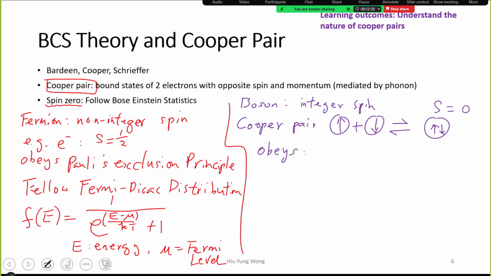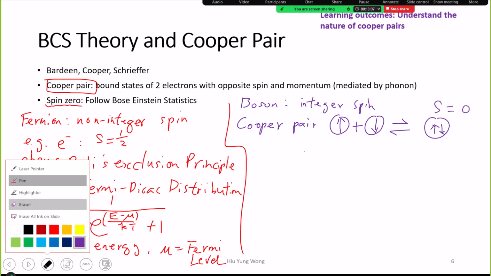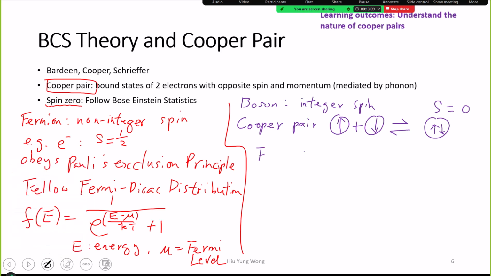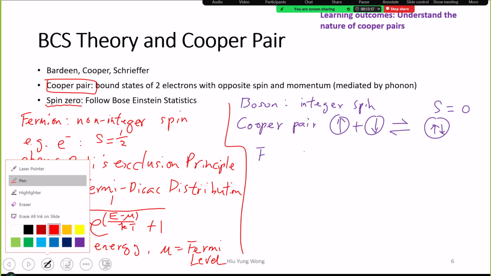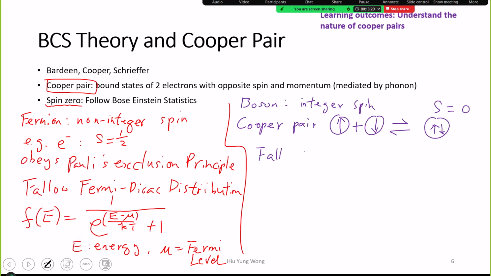Instead of the Pauli exclusion principle, it will follow, not obey, there's no such rule. It will follow the so-called Bose-Einstein distribution.